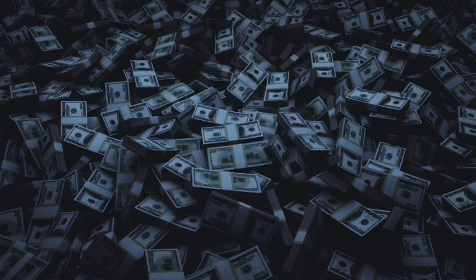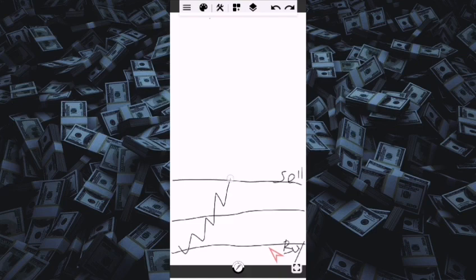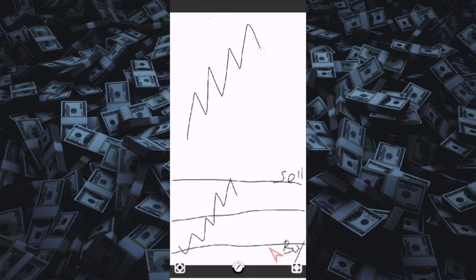For a sell, you see price touching the strong sell zone, and then let's say on the chart price was moving like this, and then it touched the strong sell zone at this point. Once price touches the strong sell zone, you want to see price closing below this key level.